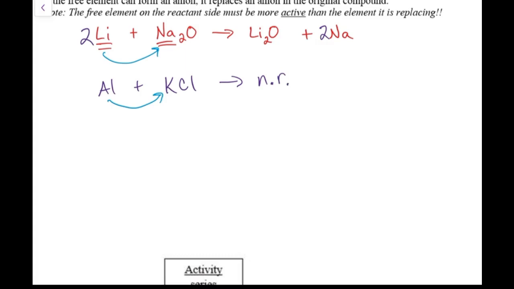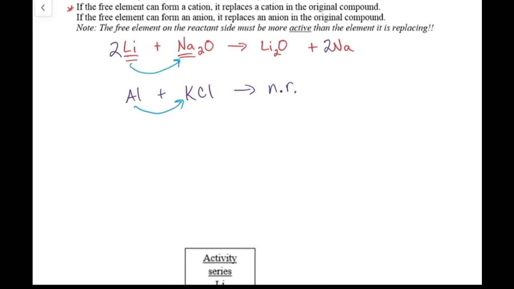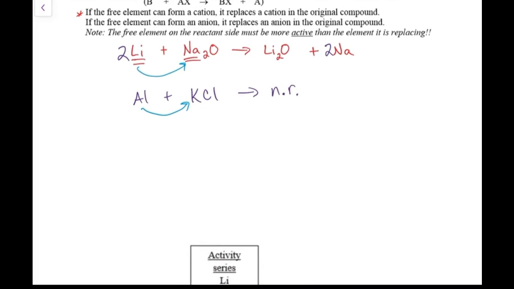Okay. Now the other thing that can happen is we can have an anion replaced, and this is only going to work with halogens. So if you look at your periodic table, the halogens are going to go F, Cl, Br, and I. That's the order that they're listed in the periodic table, with F at the top of group 17.